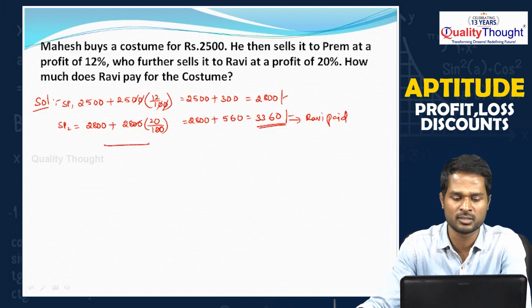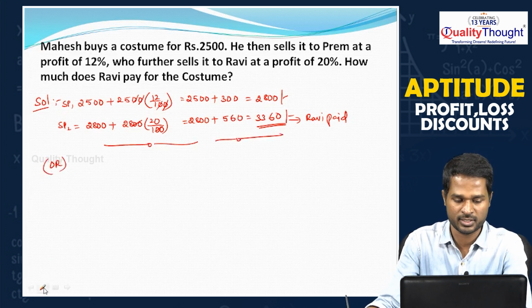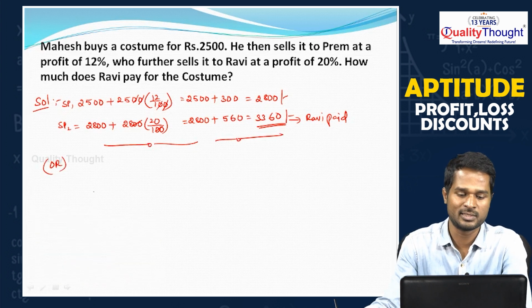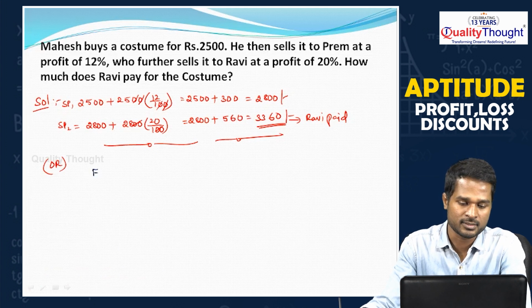This is a general method, we use the percentages to calculate this. Or the same question can be calculated in a different method. It is a kind of formula, we will see that. See, this is the final price or the present price, anything you can take.